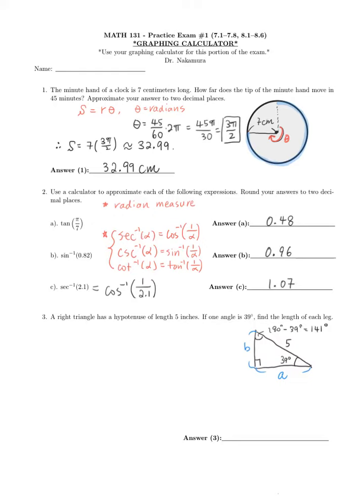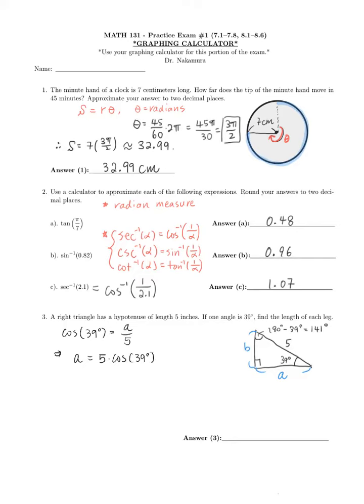So let me first go with cosine of 39 is adjacent over hyp, which is A over 5. So that implies that multiplying by 5 on both sides, our A is 5 times cosine of 39 degrees.